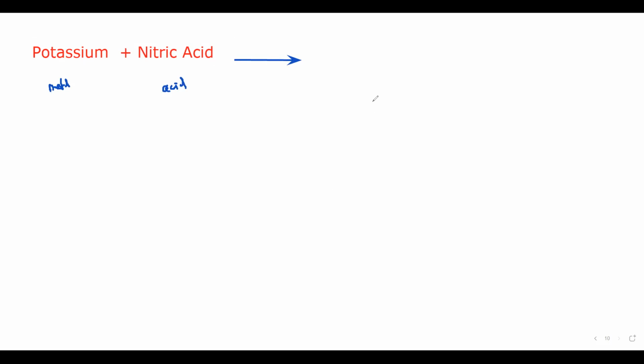The product should be salt and hydrogen. Yeah, that's right. So the product will be potassium nitrate plus hydrogen. So this is the product formed when the potassium metal is reacting with nitric acid.